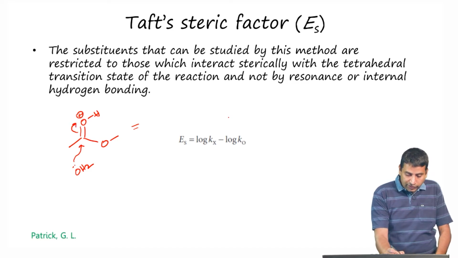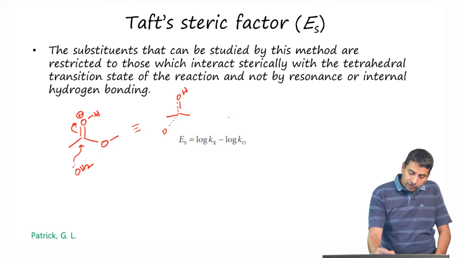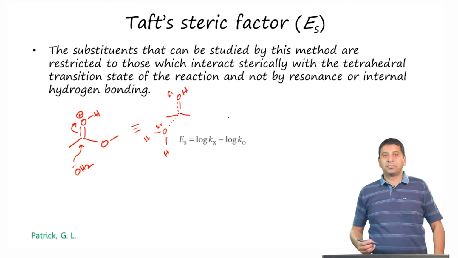So, the transition state for this will involve a weak bond between the water and the carbonyl, and there is going to be delta plus and so on, because there is going to be some positive charge that is going to accumulate here, there is already delta plus over here, and so this is going to be the transition state of this molecule.